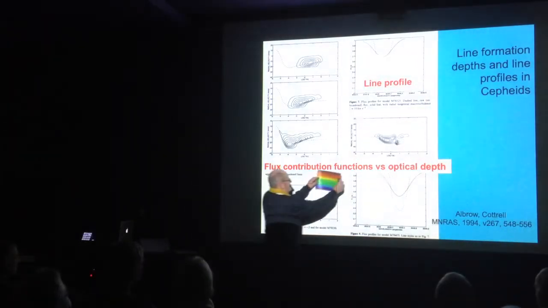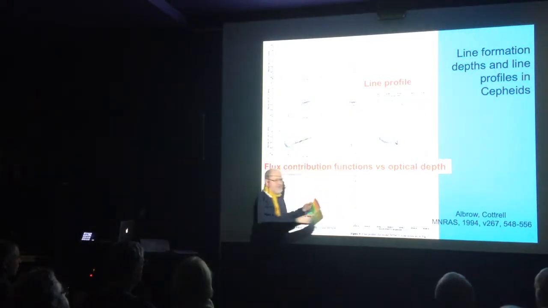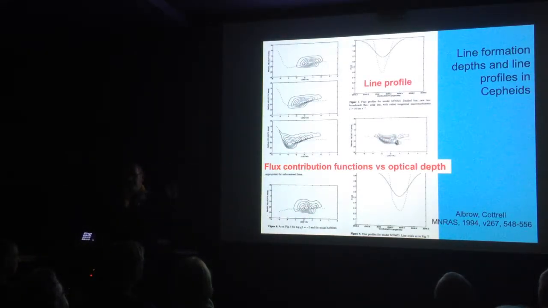Alright? This is the sun, produces these little black lines. When you have a moving atmosphere, different parts of the atmosphere can be producing different parts of that spectral line that we actually observe. And you have to dig back down and try and understand that in terms of the dynamics of the atmosphere.